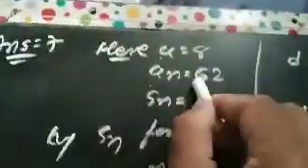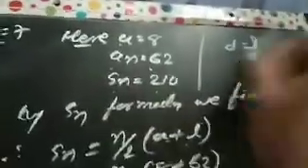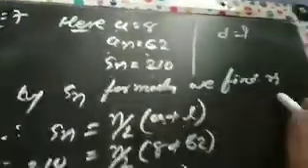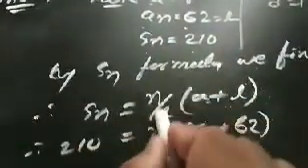Now answer 7. As per data here, a is equal to 8, an is equal to 62 and Sn is equal to 210. Then we find d. Again we use the Sn formula and find n. But here an is given, so an becomes l also. So we use the formula Sn is equal to n upon 2 into bracket a plus l.